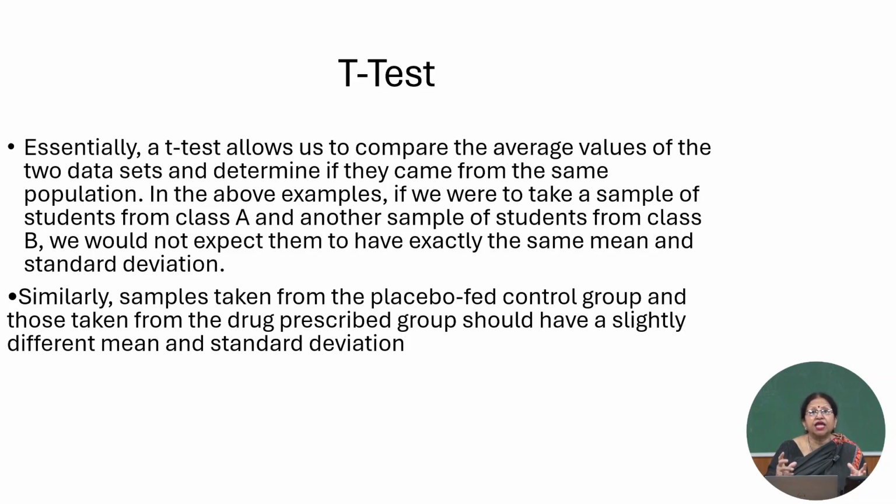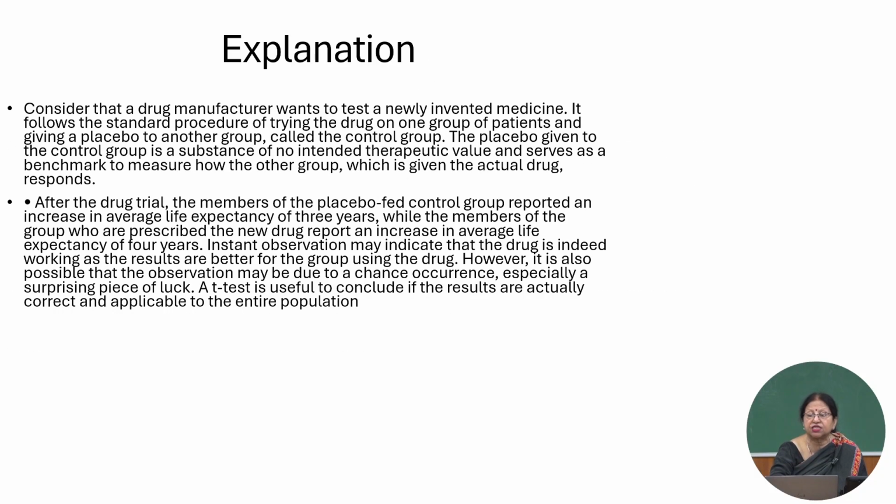Obviously, their reactions are going to be different. Their metabolisms are going to be different. How do you then make a correlation between that? And how do you draw an inference? So, by undertaking t-test, one can do that. So, it is applicable in medical research as well, not only in scientific research of chemistry and biology and other.